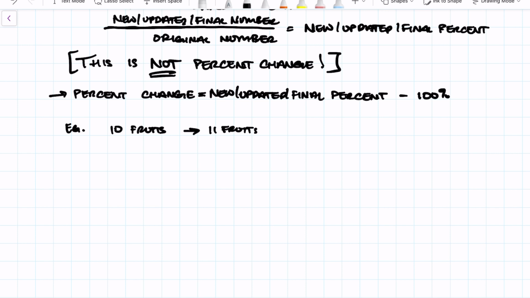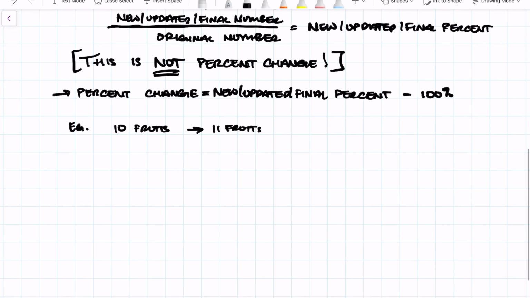So remember that the way that you find out the new percent is you take 11 fruits divided by 10 fruits. You'll need to remember a little bit of how you do percentages here, but you know that 11 over 10 is going to be 1.1, and you always multiply everything by 100% in order to turn it into a percent. So you should be left with 110%.